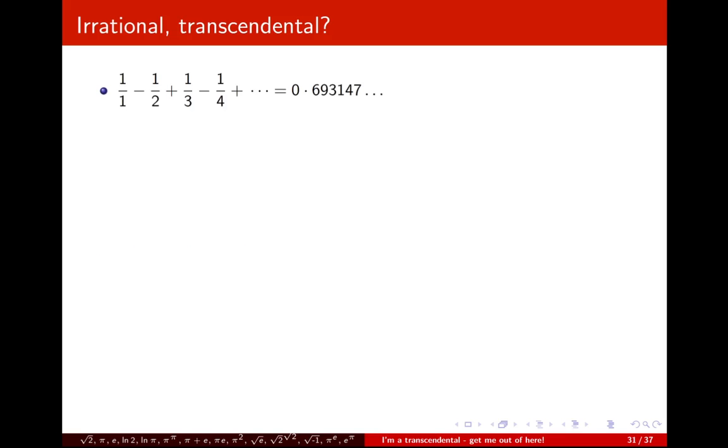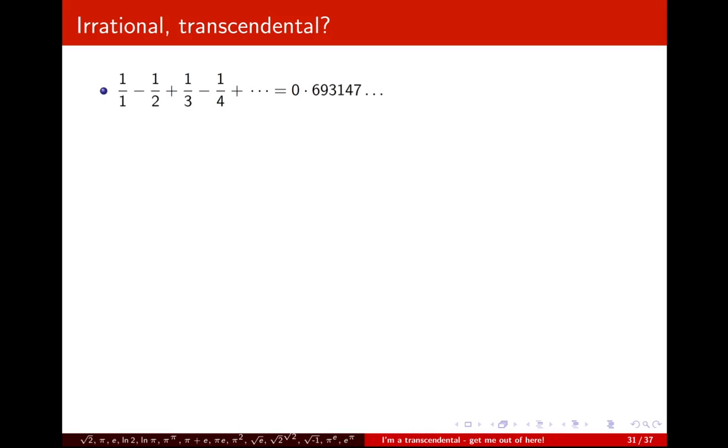We conclude this video with a few further examples and ask the question whether the numbers shown are irrational or rational, and if they are irrational, are they algebraic, or are they not solutions of polynomial equations with rational coefficients and hence transcendental?